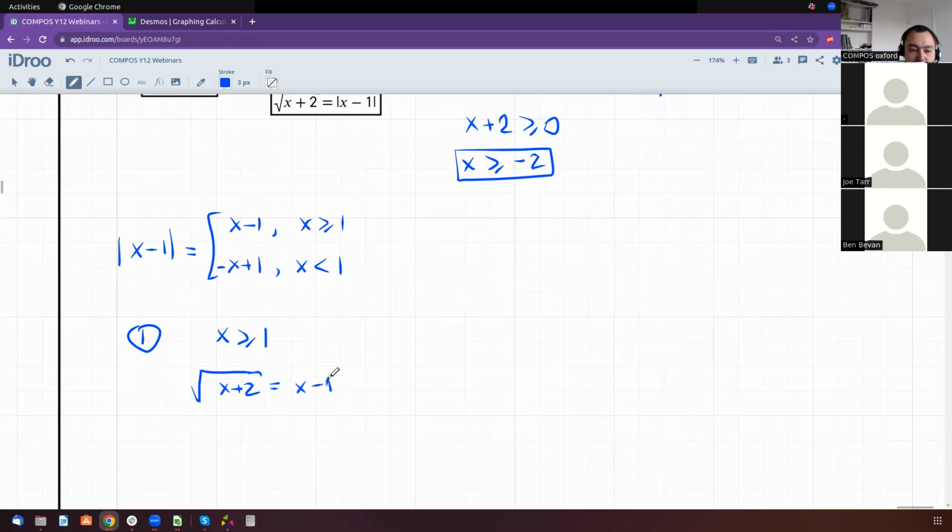So by doing this, we remove the modulus. So we square both sides: x plus 2 equals x squared minus 2x plus 1.